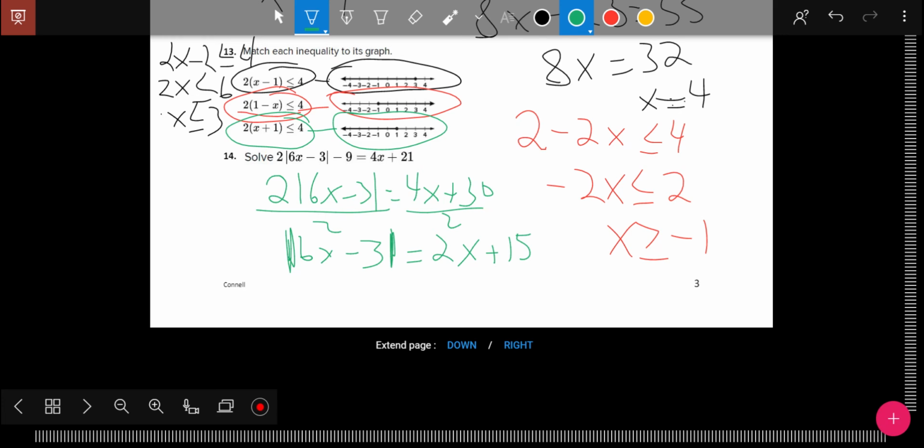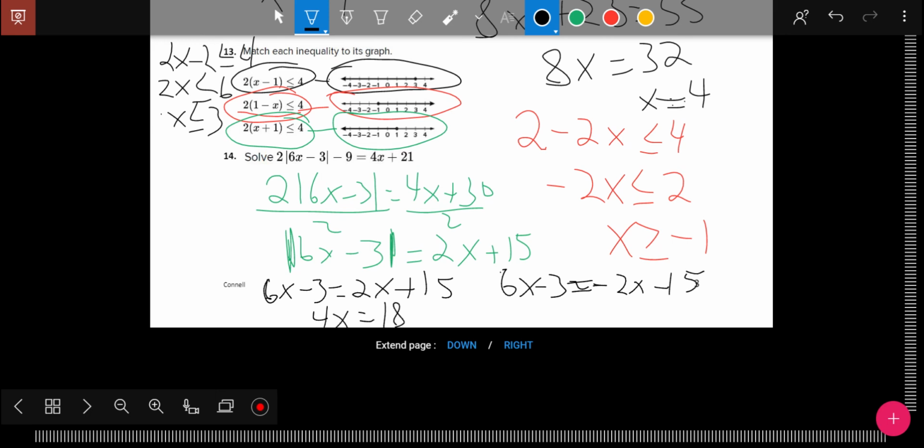I'm kind of out of space, but I want to try to break this down for you more. So I have two problems. I have 6x minus 3 equals 2x plus 15. And I have 6x minus 3 equals negative 2x minus 15. And so on this one, I minus the 2x over, I add the 3 over, I would get 4x equals 18.